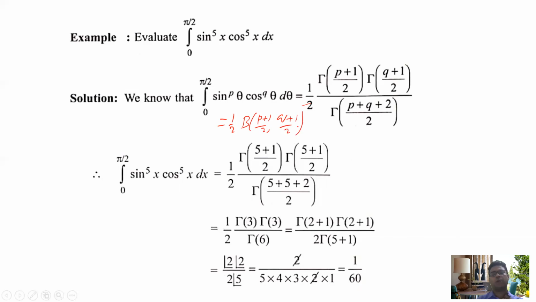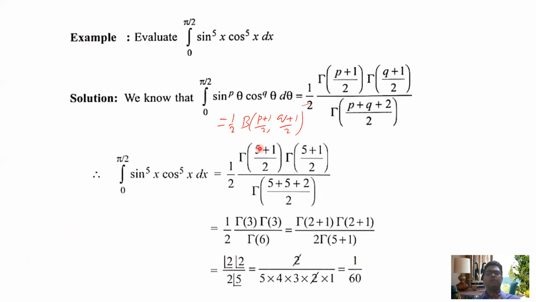By the beta gamma relation, half gamma(p plus 1 by 2) gamma(q plus 1 by 2) over gamma(p plus q plus 2 by 2). You can write directly, or you may write from here also, no problem. It's totally up to your choice. Both are correct.